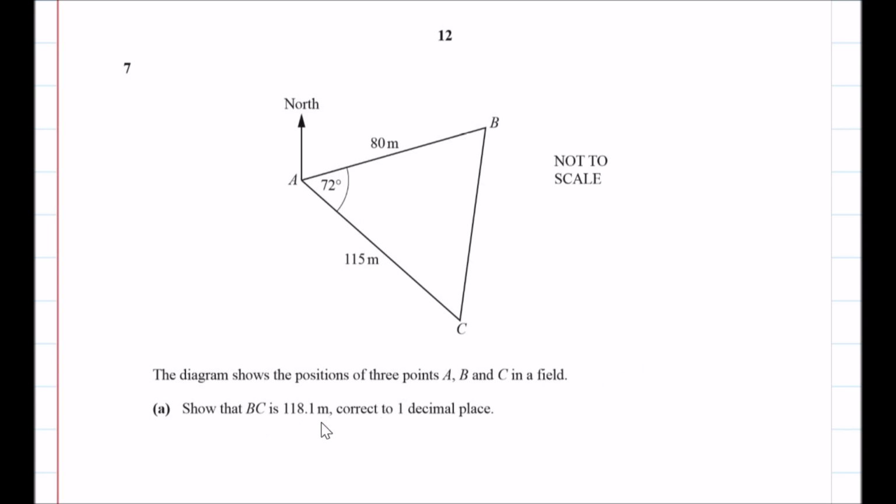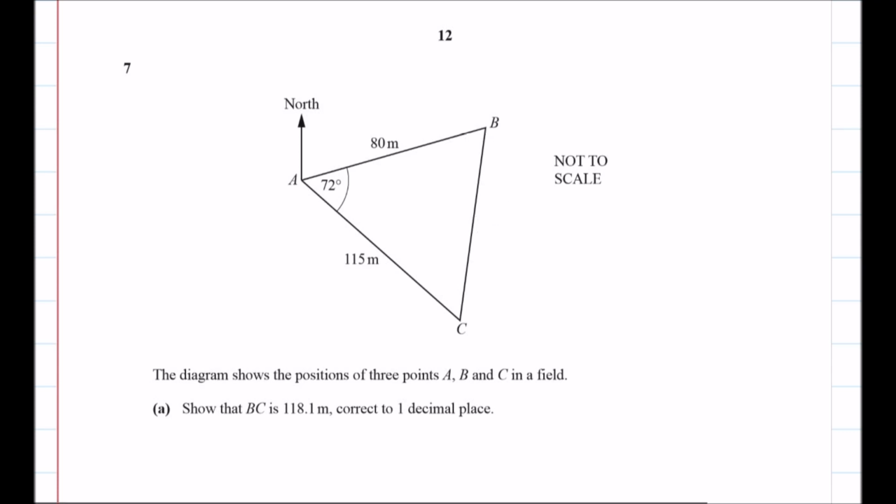You can see here two sides and the included angle given in this diagram, and we have to find the side opposite to the angle given. So we need to apply the cosine rule.